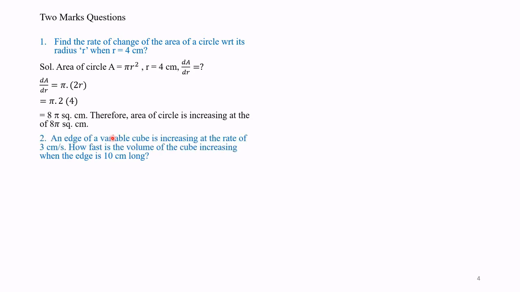Problem number 2. An edge of a variable cube is increasing at the rate of 3 centimeters per second. How fast is the volume of the cube increasing when the edge is 10 centimeters long?